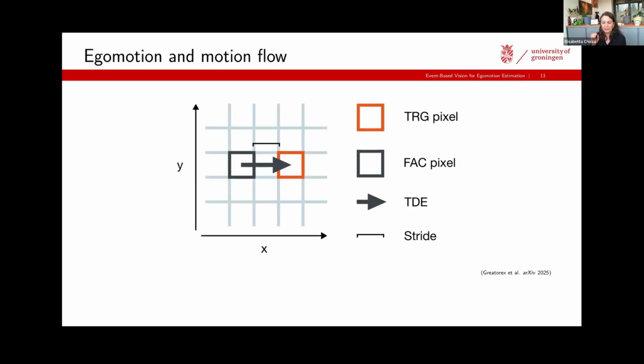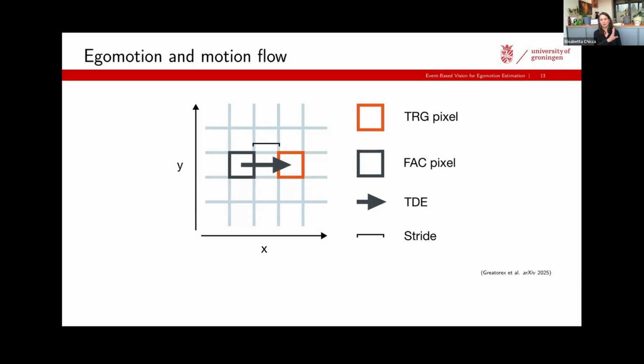And the TDE can exactly estimate motion flow when it is connected to an event-based camera. An event-based camera is simply represented here. Most of you might be aware of what it is, but as a simple explanation, every pixel is going to generate a spike or several spikes whenever it sees a change in intensity over time.